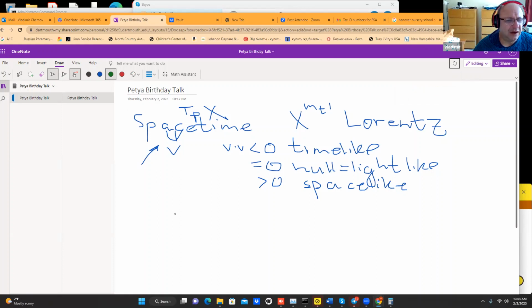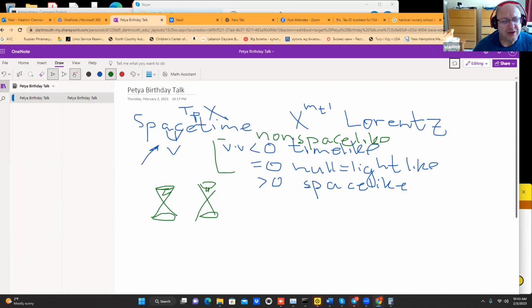So the set of non-space-like vectors, those that are null or time-like, forms a cone in the tangent space. And what may happen is that I can try to choose half of the cone continuously dependent on the point.